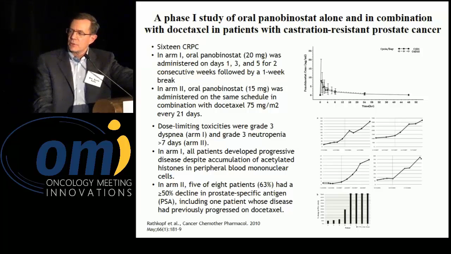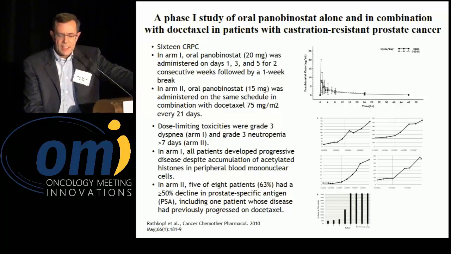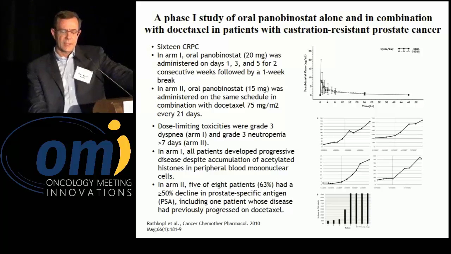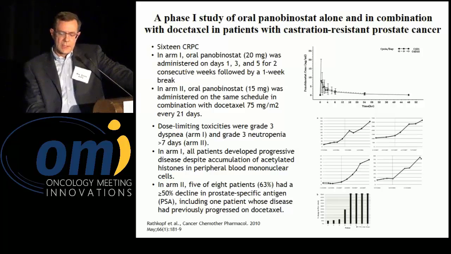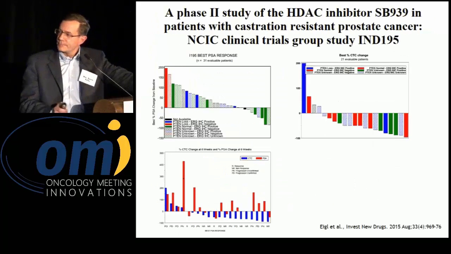The combination showed no difference in the metabolism of docetaxel. Vorinostat itself really showed no activity. In the patients who got the combination, there was some activity there. 63% had a greater than 50% decline in PSA, including one patient who had previously progressed on docetaxel. So whether or not it does have activity is questionable.